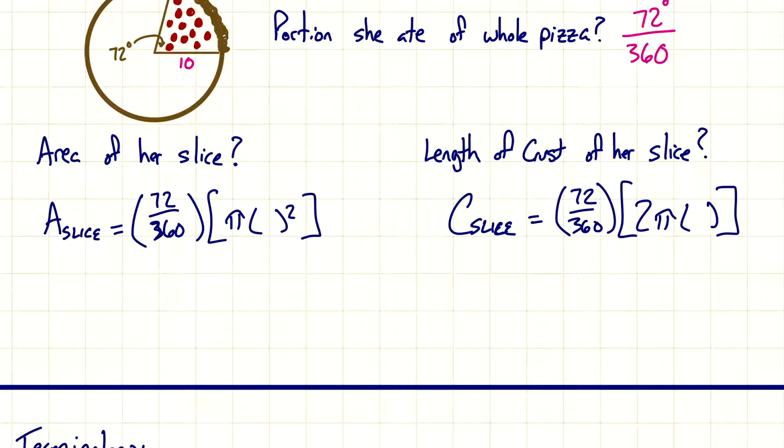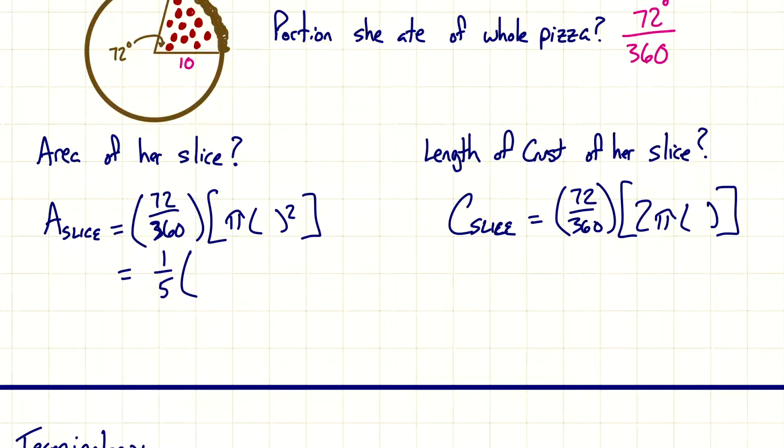We're going to reduce 72 over 360. So I believe 72 goes into 360 5 times. So this actually reduces to 1 over 5.